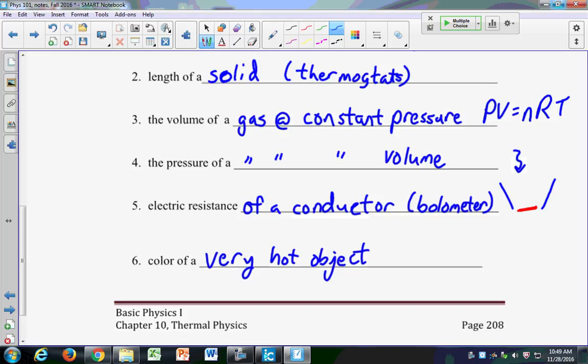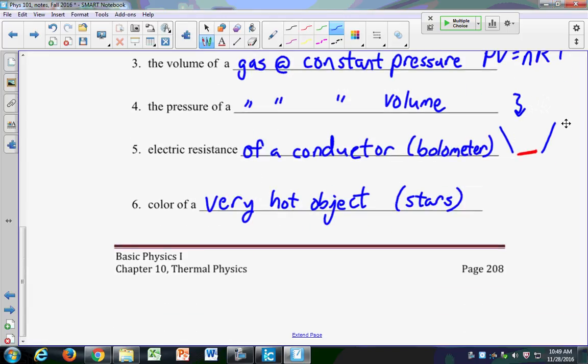What's the hottest part of the fire? The blue part is the hottest. So very hot objects will have different colors according to their temperature. Like I said, we use this to classify stars. Obviously you can't measure their temperature directly, but you can measure the light that comes from them.